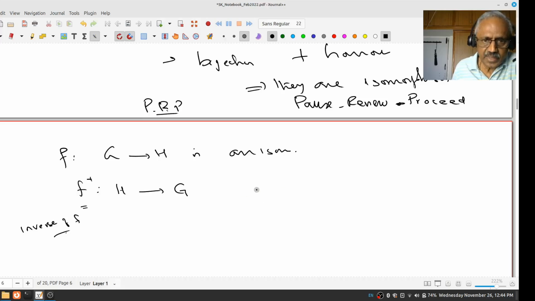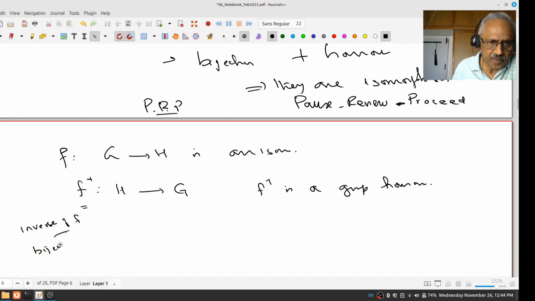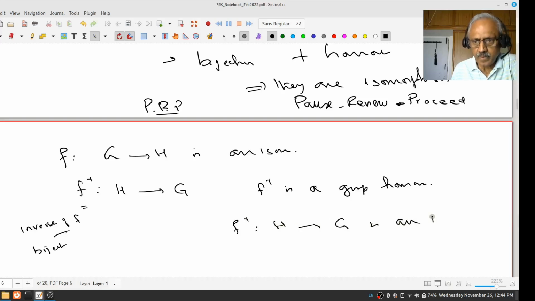Now I claim F inverse is a group homomorphism. Notice that since F is a bijection, F inverse is also a bijection. And if F inverse is a group homomorphism, then F inverse is an isomorphism. So we need to prove this.